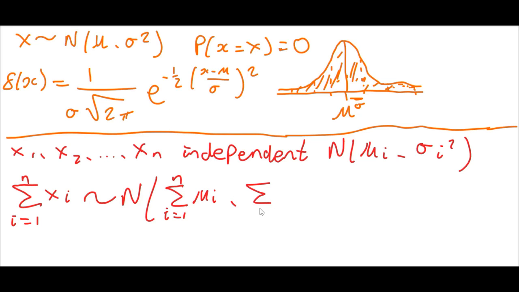And the variance is just the sum of the variances. Okay? Yeah, so that's important. Sigma is equal to the standard deviation, and sigma squared is equal to the variance.